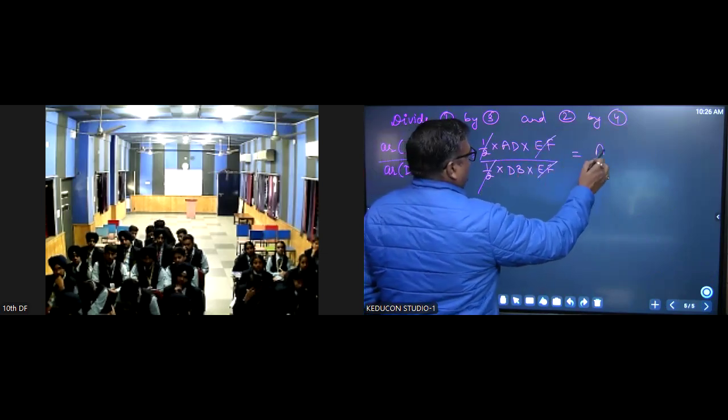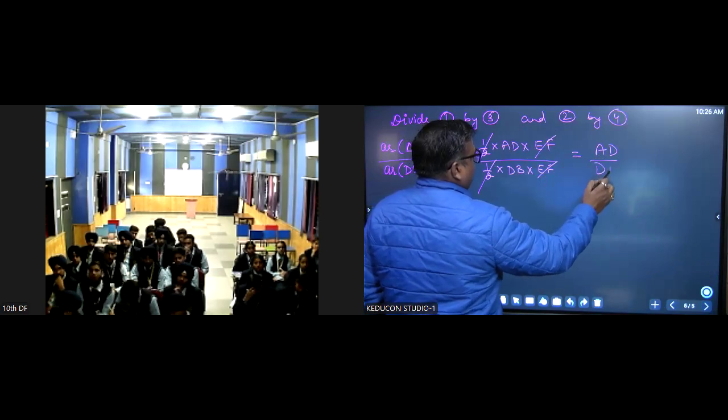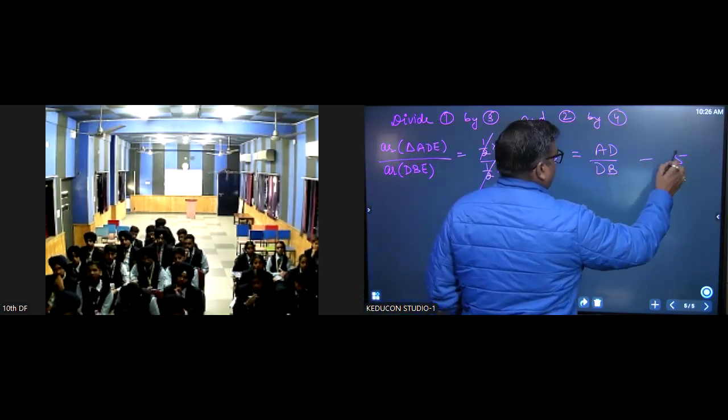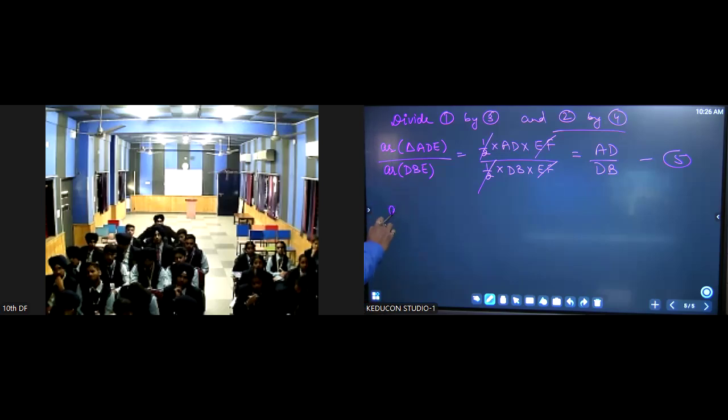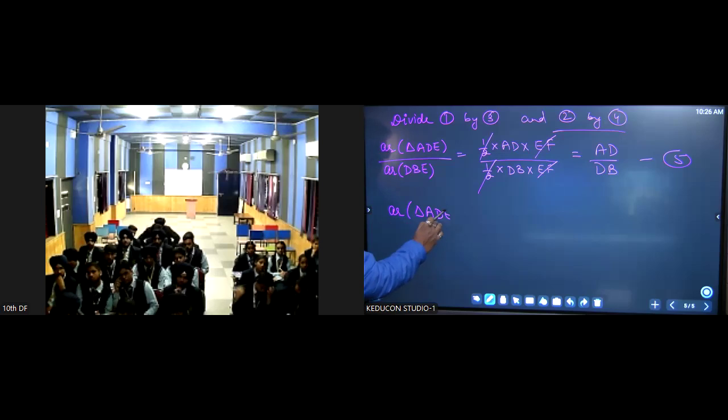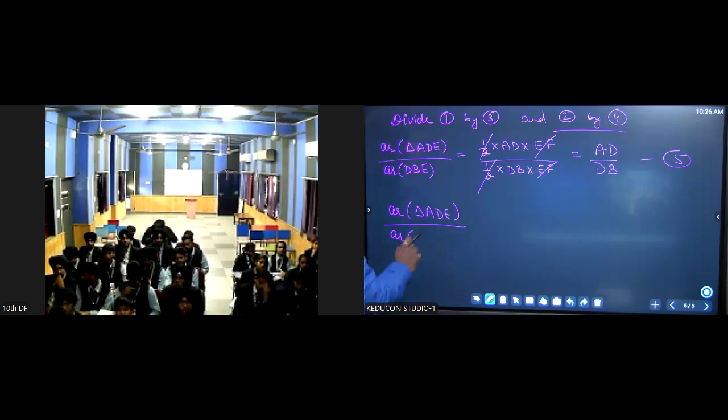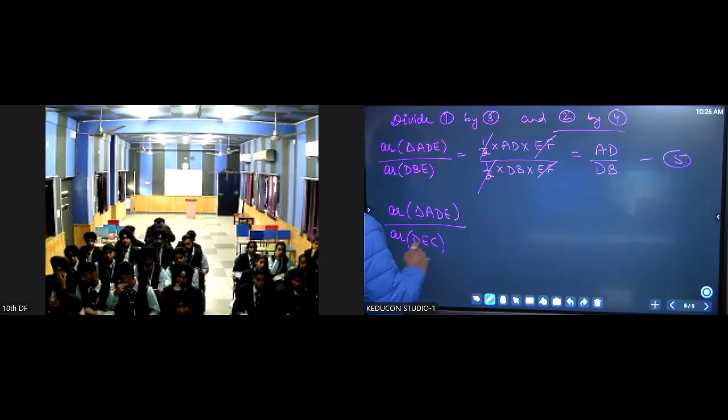So what we got? Let this be equation 5. When you divide 2 by 4, what you got? Area of triangle ADE divided by area of triangle DE, right?